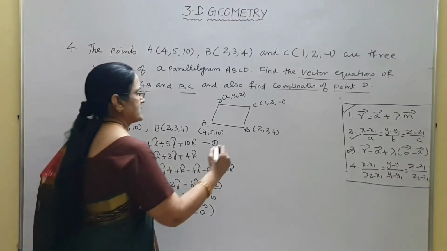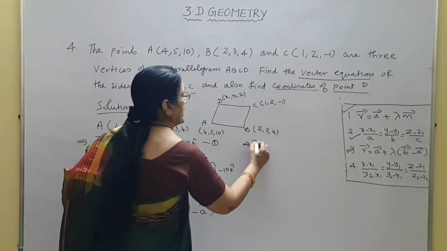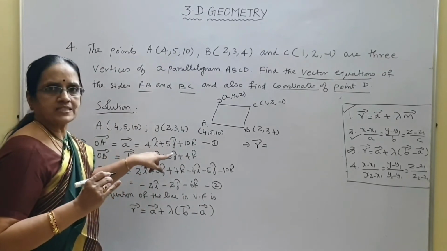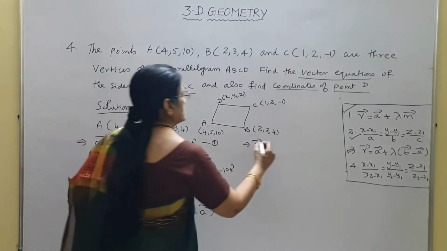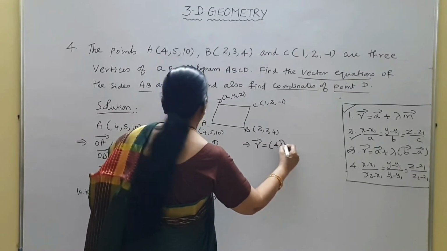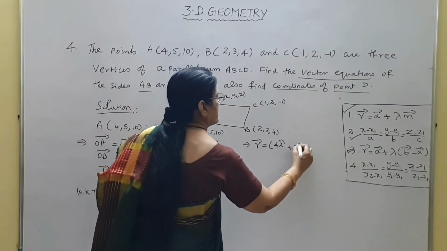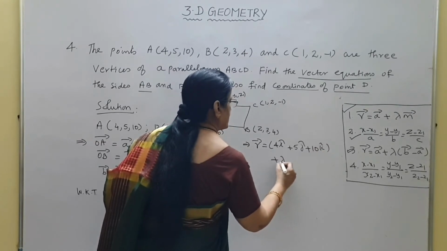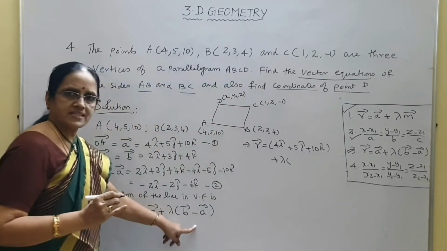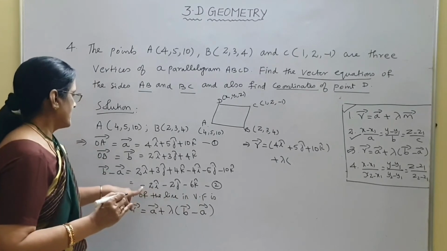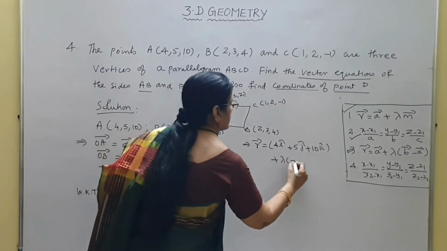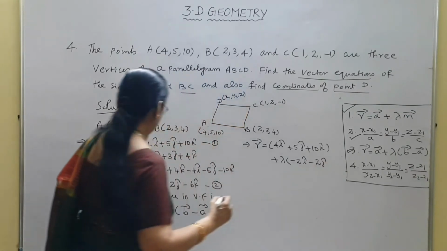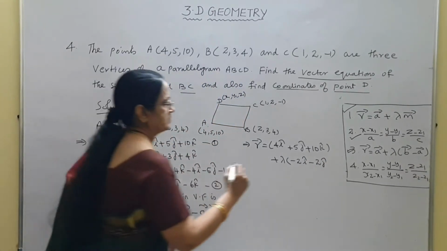This is nothing but r vector is equal to, what is a vector? 4i cap plus 5j cap plus 10k cap, plus lambda times b vector minus a vector, which is nothing but minus 2i cap minus 2j cap minus 6k cap.